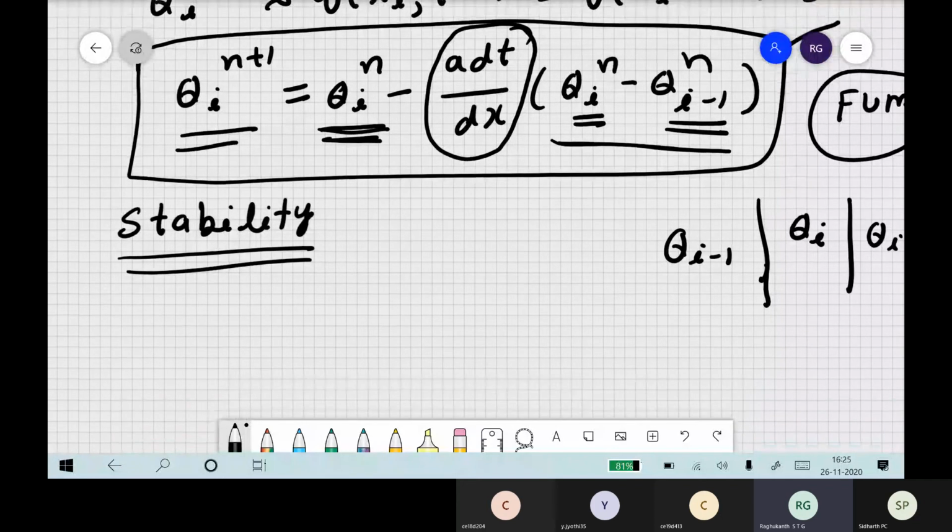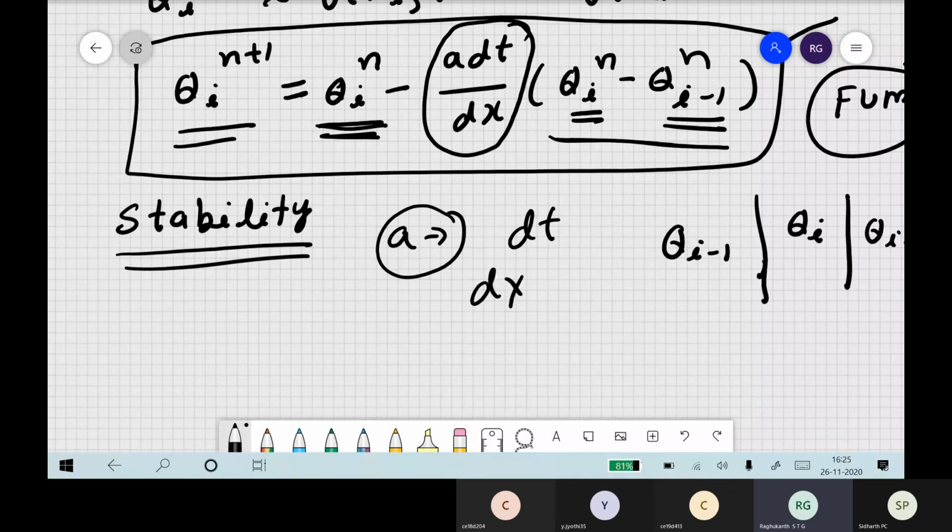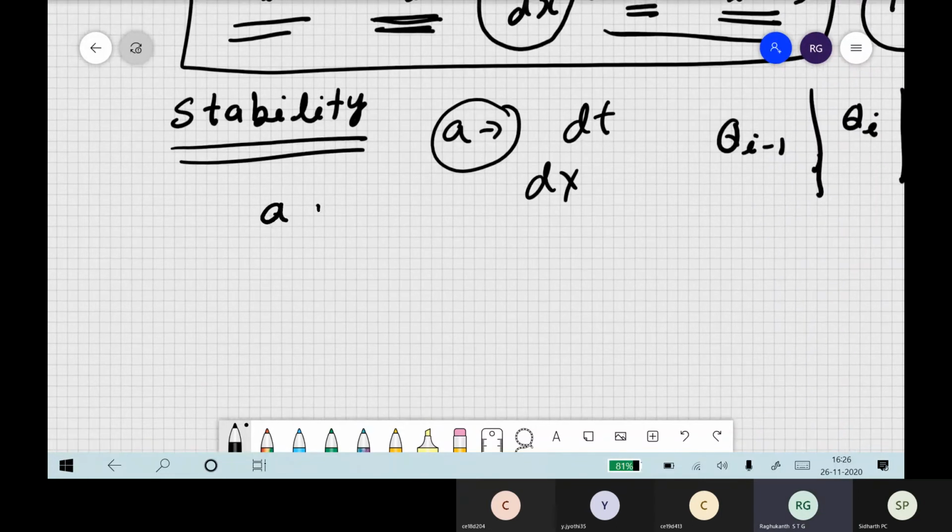Now tell me what happens. What is the stability criterion here? This a dt/dx, it should be what? a is a velocity, which is a positive quantity. dt and dx, the time step and spatial step, are also positive. So what do you have to ensure such that your solution will be stable? This a dt/dx should be less than what?